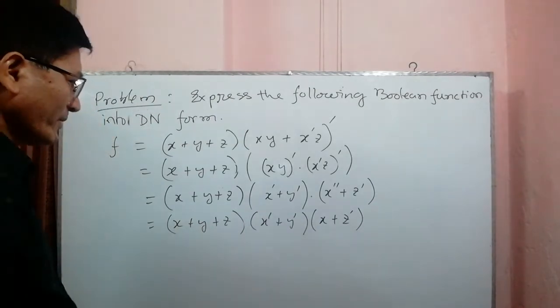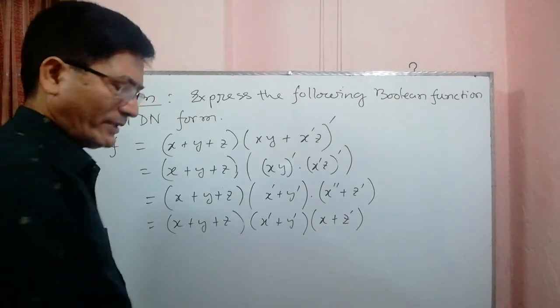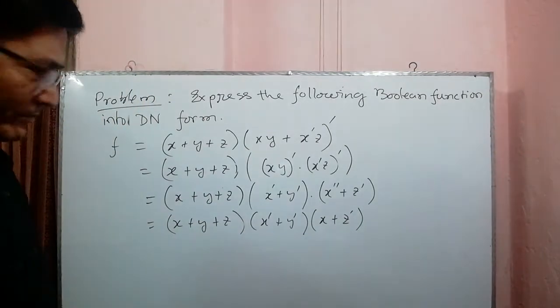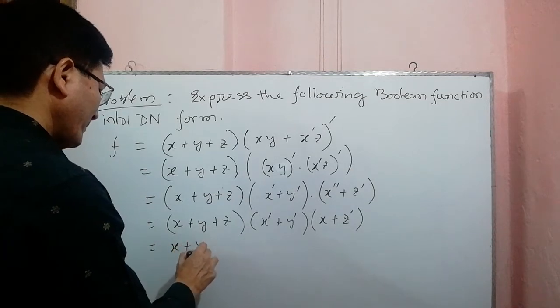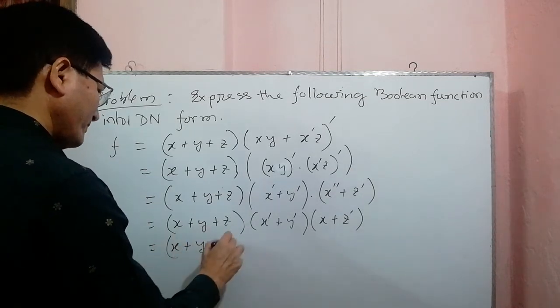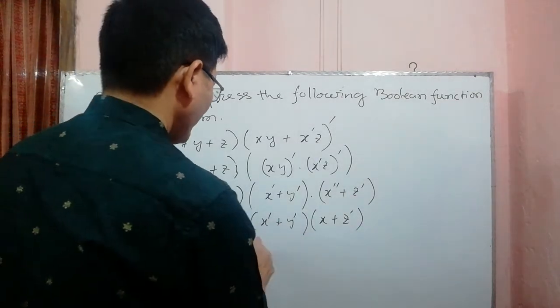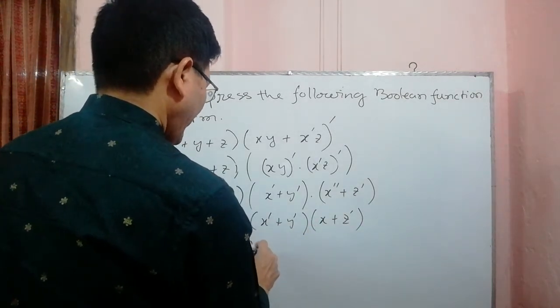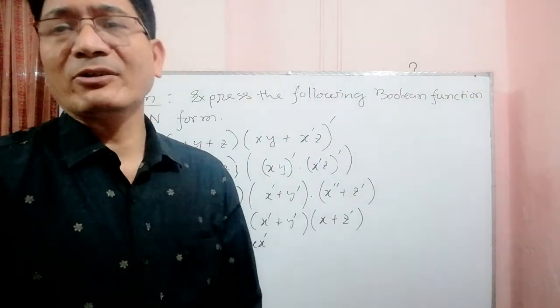Dear students, and now we will multiply these two terms inside the brackets. Gradually we will multiply. This term remains unchanged, and multiply these two terms, x and x prime. We can use the commutative law here.